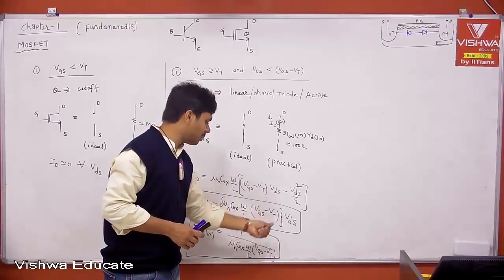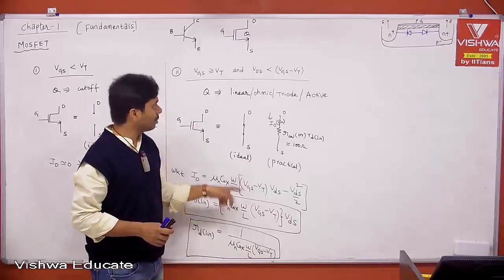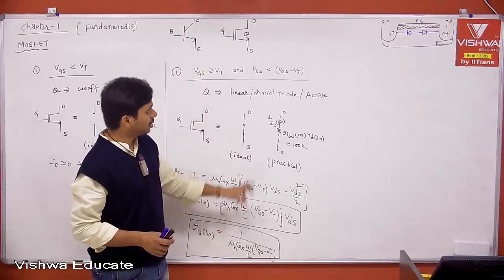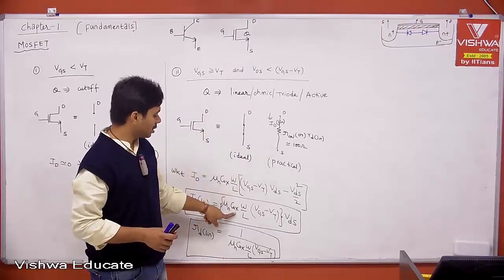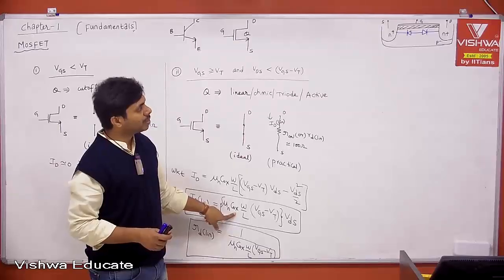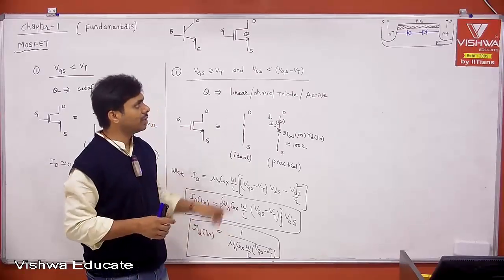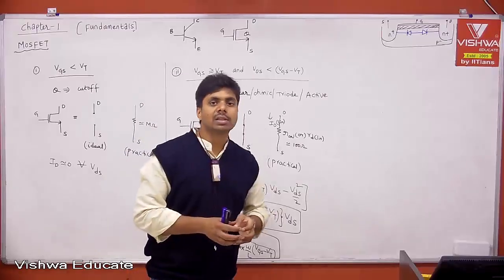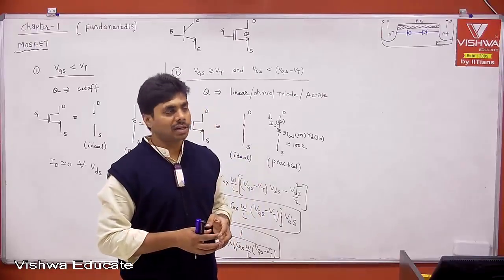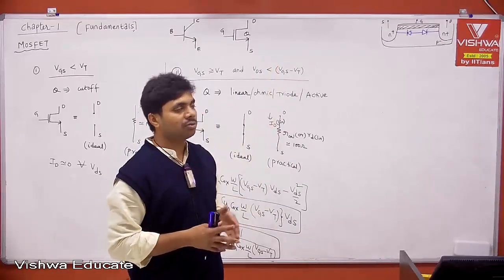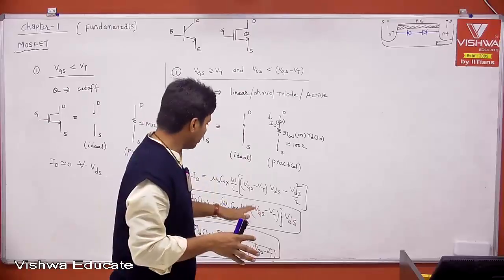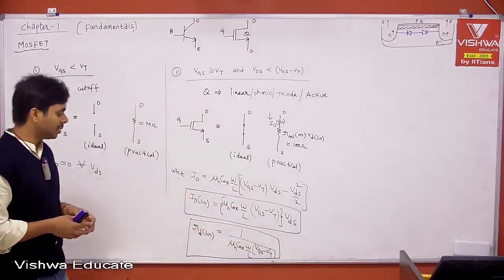W is the width of the channel, and L is the length of the channel. Cox is the input capacitance per unit area. I'll explain that. Mu n is the mobility of the carriers in the channel, N-type carriers, because you will get an N-type channel between drain and source. Anyway, I'll explain one by one after completing this.